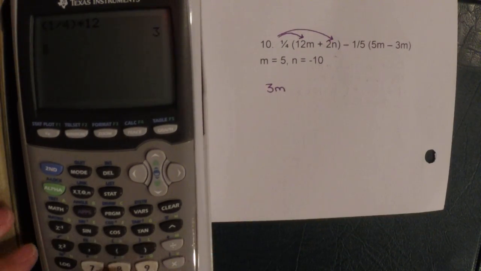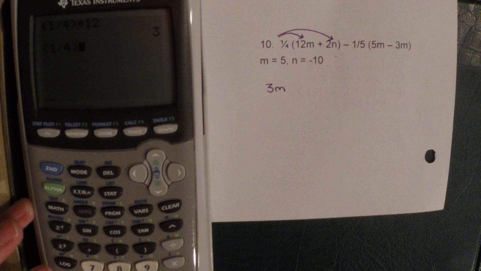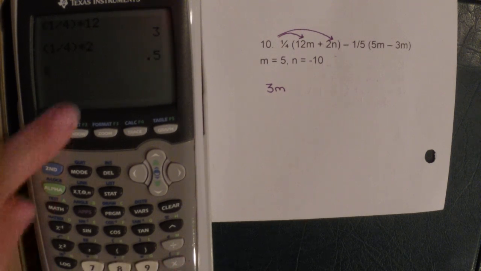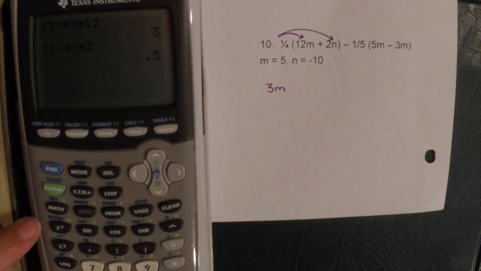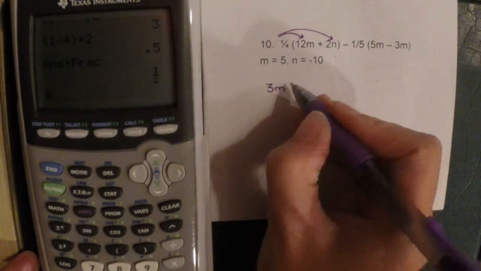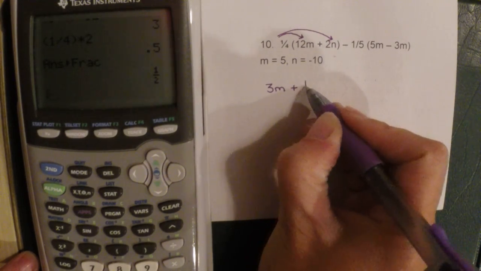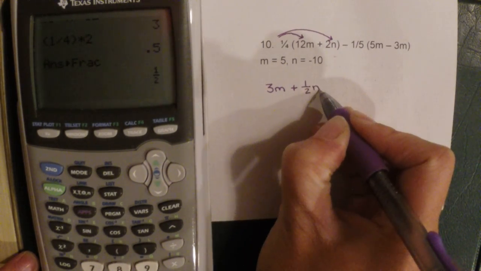And now if I do that 1/4 times 2, it gives me 0.5, which we could leave as 0.5, or remember you can do your math frac and change it to a half. So this is plus 1/2 n.